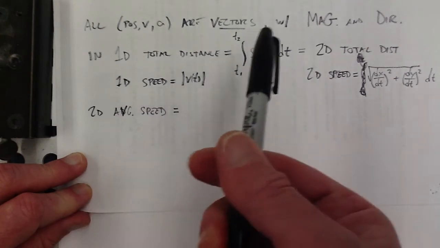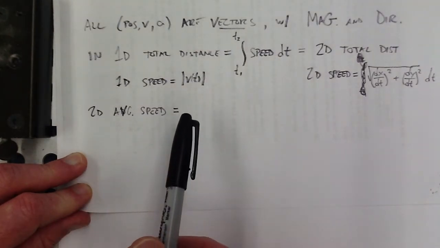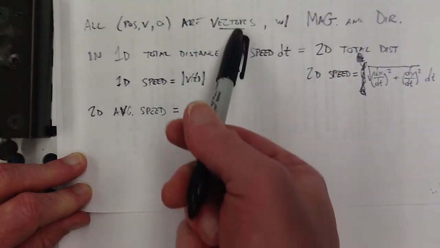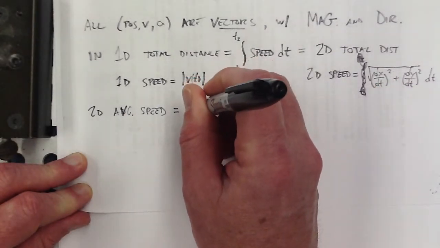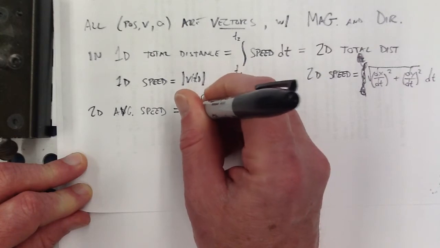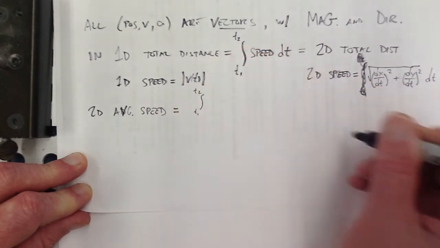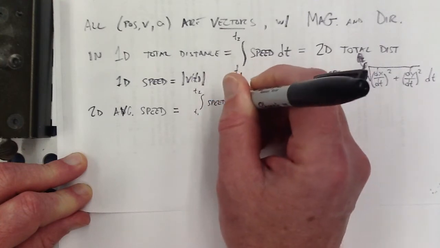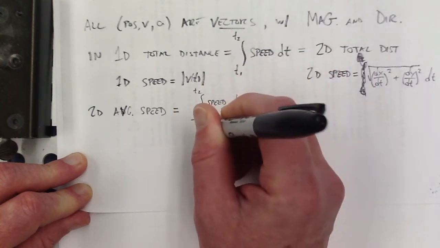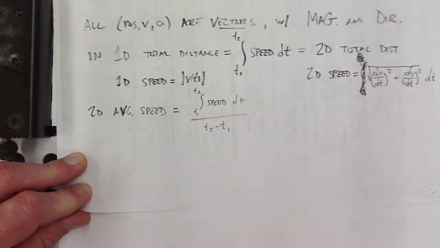The average value of speed would be the total distance divided by time, right? So that would be this integral divided by the time interval.